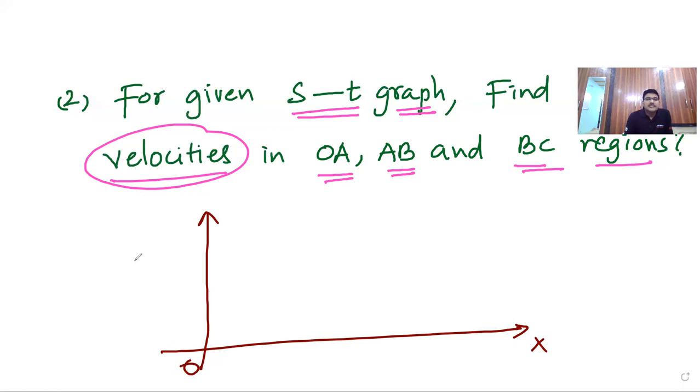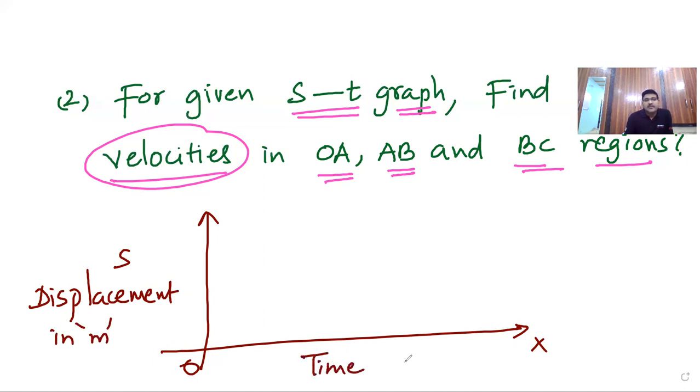On the y-axis, displacement S is clearly given in meters, and on the x-axis, time t in seconds. The graph is given like this.